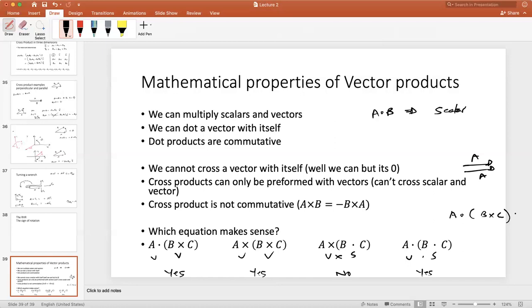And you don't actually even need parentheses because there's only one way you can do it. If I give you A cross B dot C, you know you have to do this first because you can't dot B and C, you get a scalar. But anyway, so that's vectors and essentially a little bit on chapter 1.